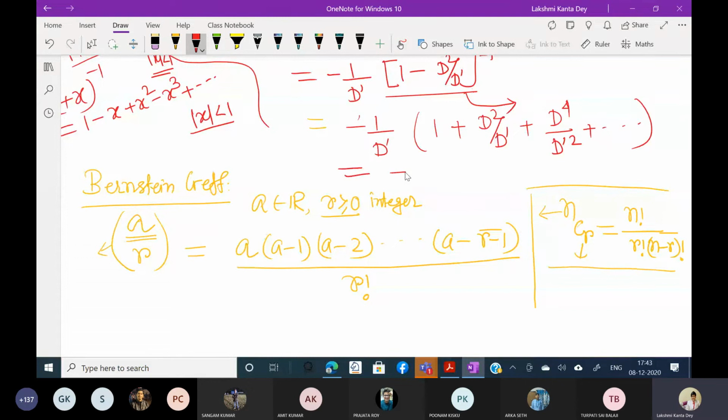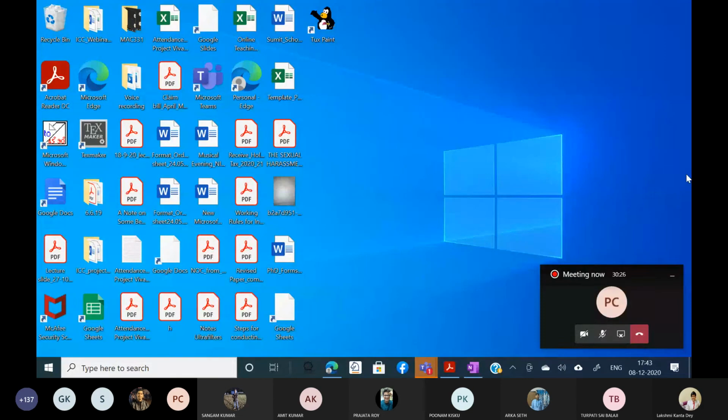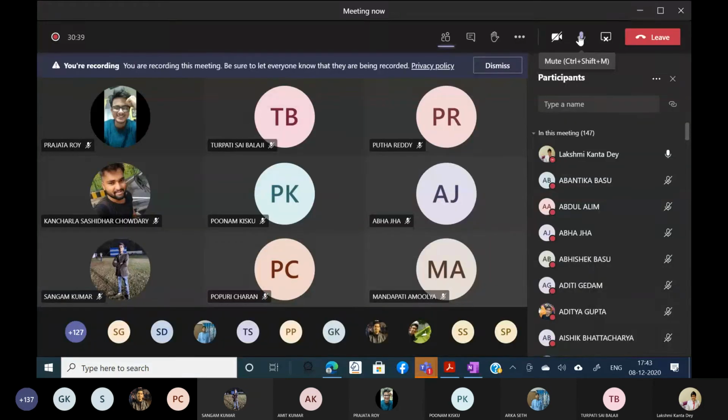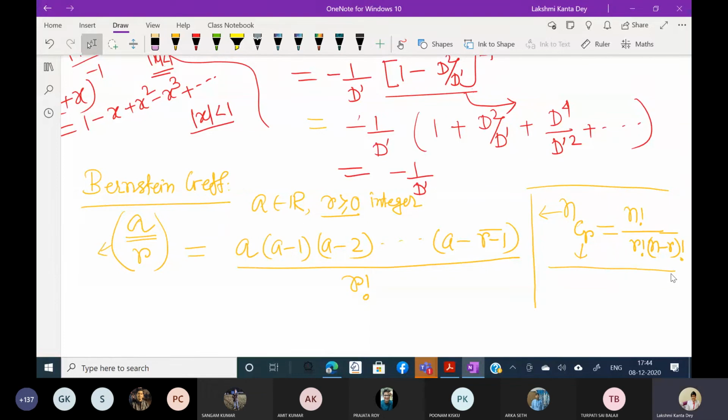Now if I do it, then it is 1 by d dash minus d square by d dash square plus d to the power 4 by d dash cube. It goes on like this.